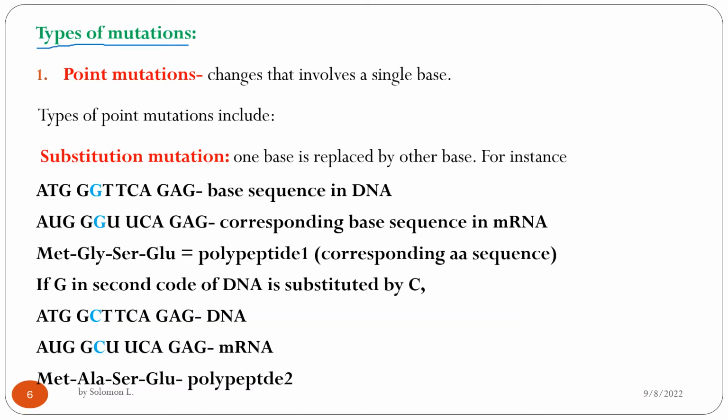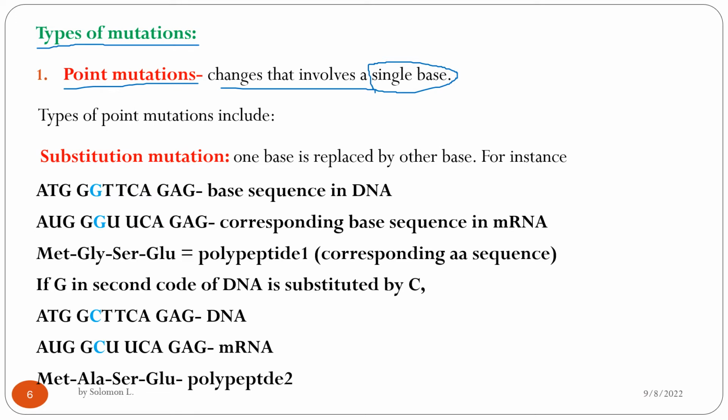Types of mutation. There are two main types of mutation. One is point mutation, and the other one is chromosomal mutation. Point mutations are changes that involve a single base or a single nucleotide.